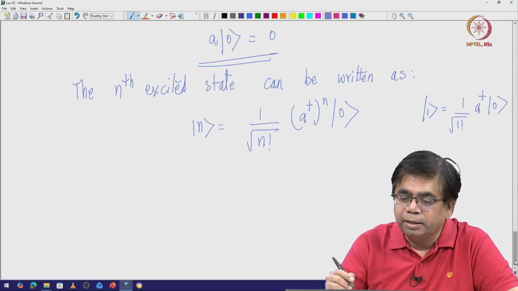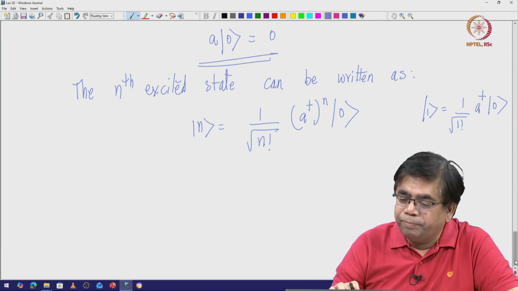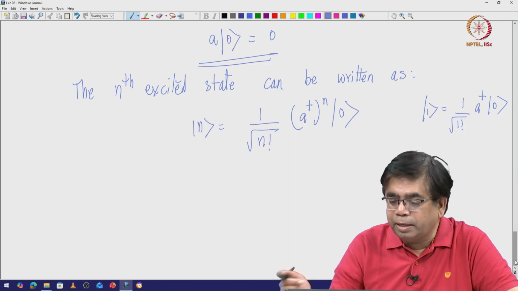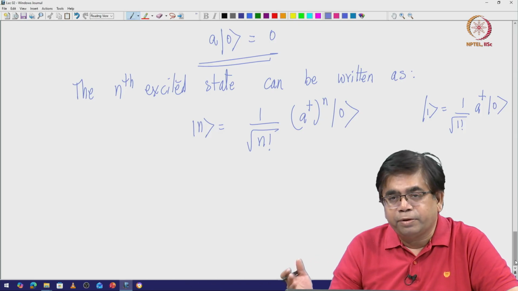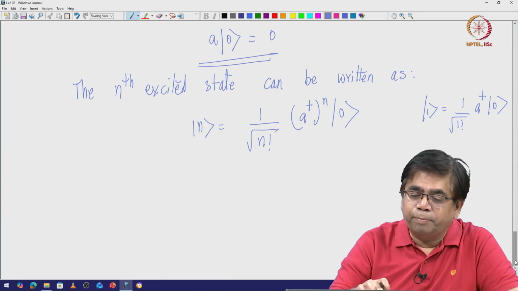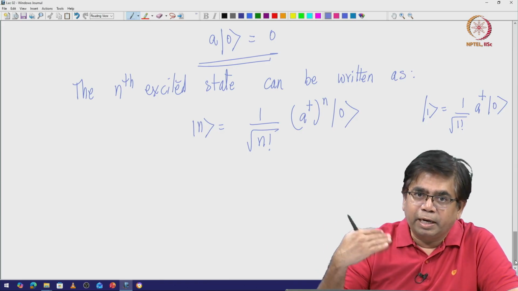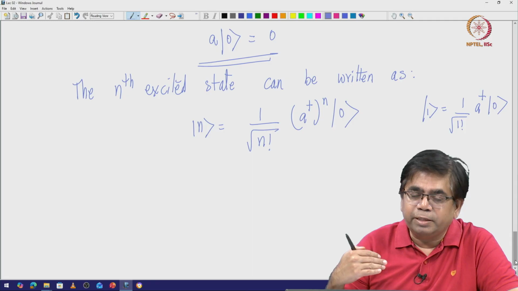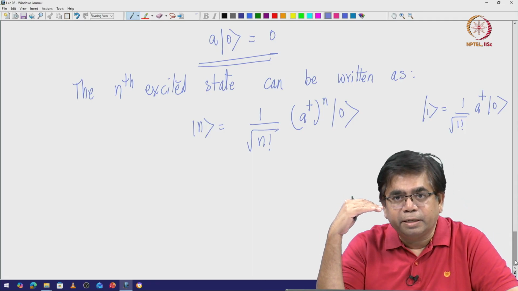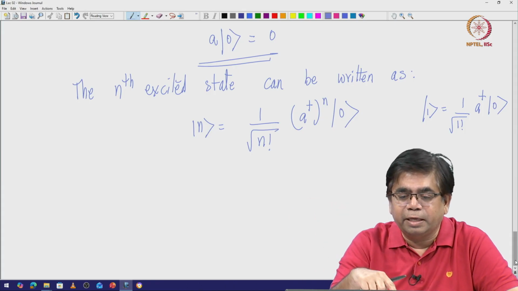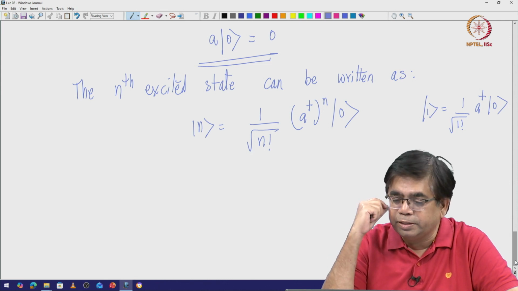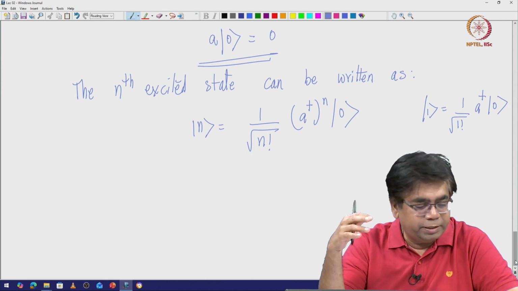Essentially, it can create states from the vacuum state by applying the creation operator n number of times on the vacuum state. The annihilation operator keeps going down all the way until the ground state is annihilated and gives 0, that is A acting on the ground state is equal to 0, the equation I wrote initially. That in fact becomes the definition.